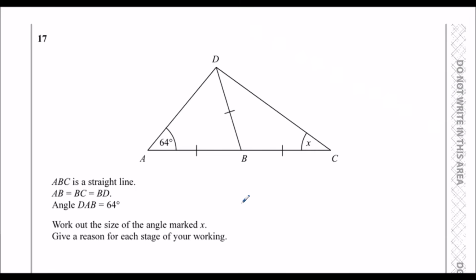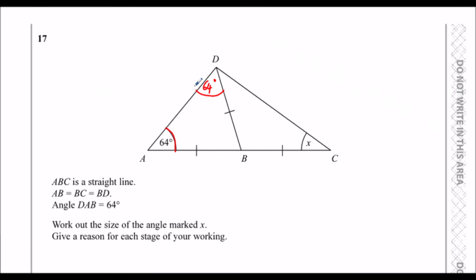And the angles at the base of an isosceles triangle are equal. So for triangle ABD, the two angles at the base are the two angles underneath the equal lines. So this angle and this angle are equal. So angle ADB must be 64 degrees.